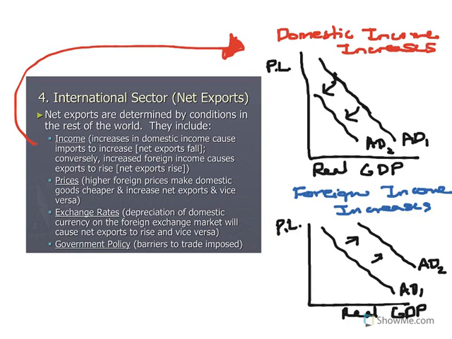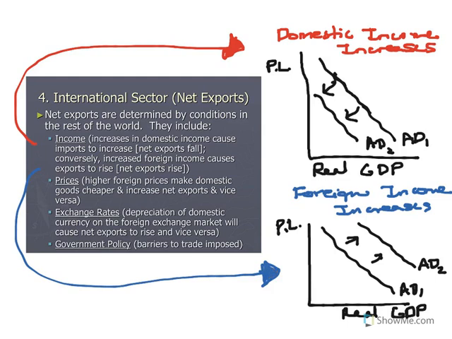Whereas let's say we're talking about the income of our trading partners, so there's been an increase in foreign income. Well, that's going to have the opposite effect. If the income of foreigners is increasing, then they're going to buy more of our goods, so our exports are going to increase. So in other words, that's what we would see going on right here.